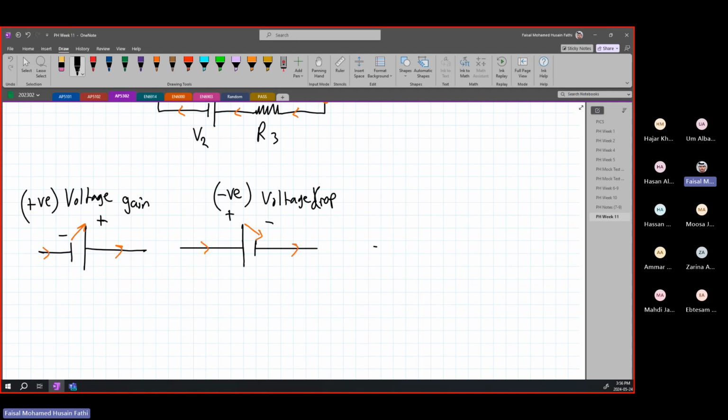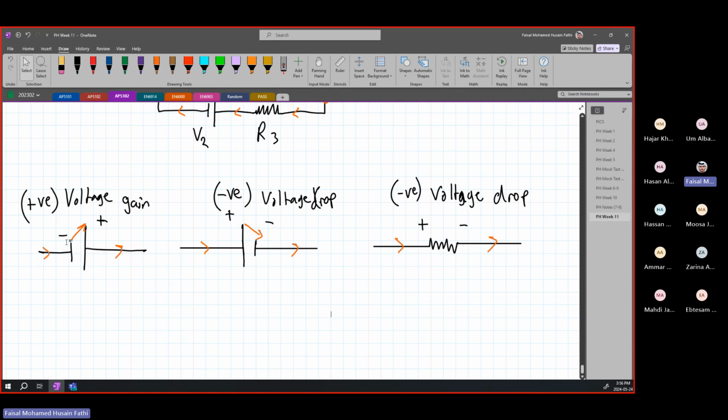And for a resistor, if you remember early on in the session, I said that when current is going through a resistor, it is always going from plus to minus because there is always a voltage drop in a resistor. Always. Resistor will always cause a voltage drop. If it's going from plus to minus in this case, this is going to be a negative value as well.